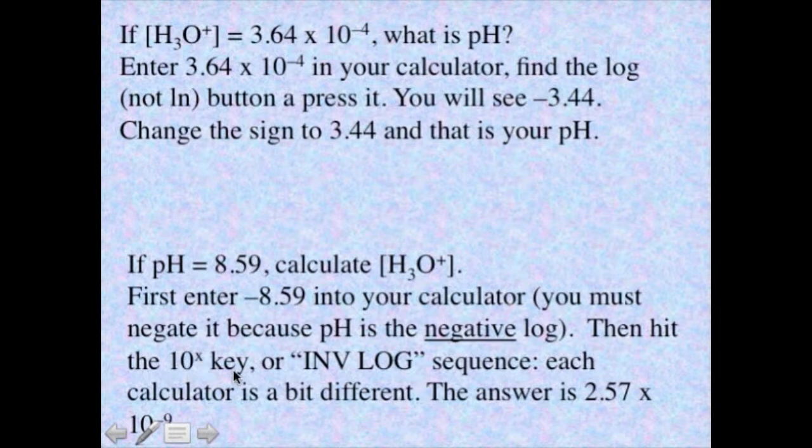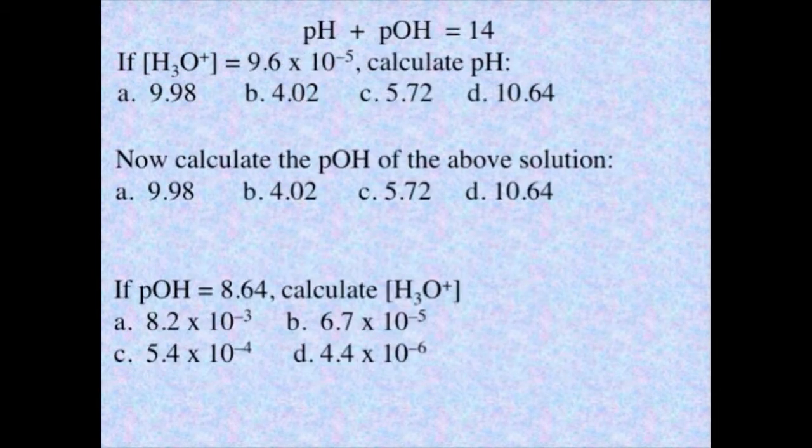Sometimes that's a second function key of LOG. Some calculators use an INV-LOG sequence. Each calculator is a little different on this score, so you have to practice and hunt around. And when you take the inverse log or the 10 to the x, your answer should be 2.57 times 10 to the minus 9.